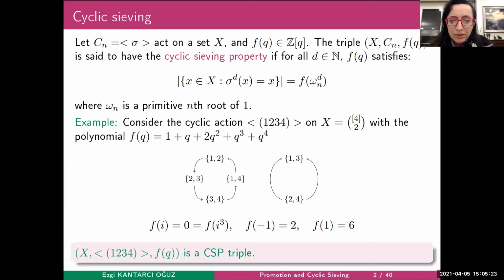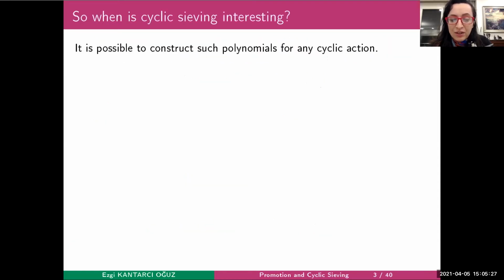A question about cyclic sieving, and it's an interesting question, is when do we care about cyclic sieving? Because at first it might seem like, oh, that's a very nice, very fancy property. And it's certainly interesting when you have this polynomial and you plug in complex numbers and you get positive integers. But actually, if we are given any cyclic action on any set, you can easily construct such a polynomial.